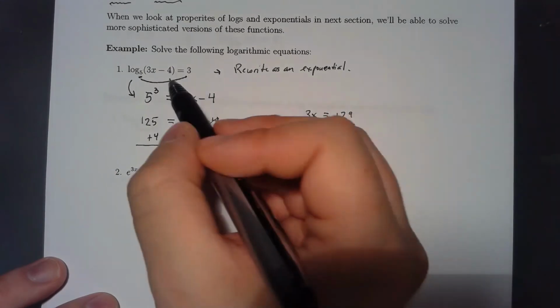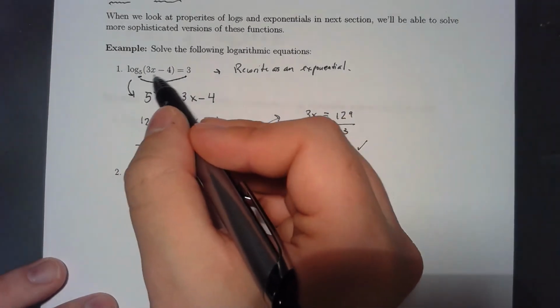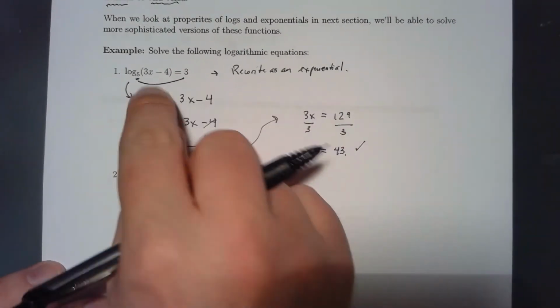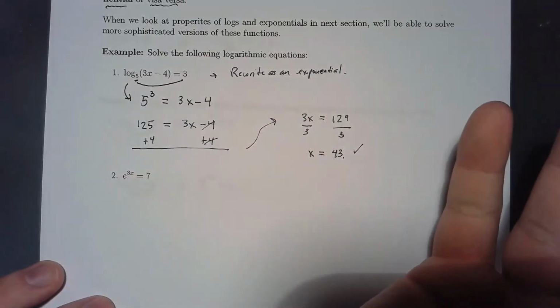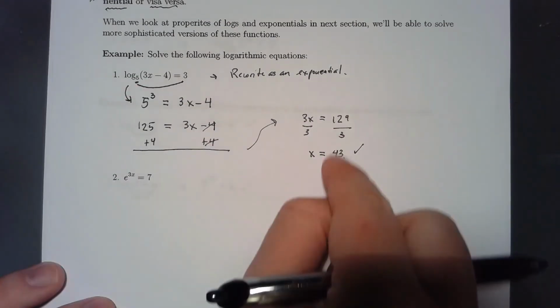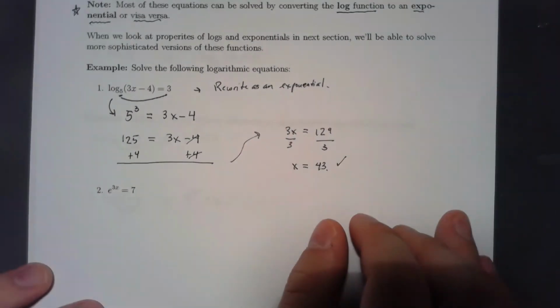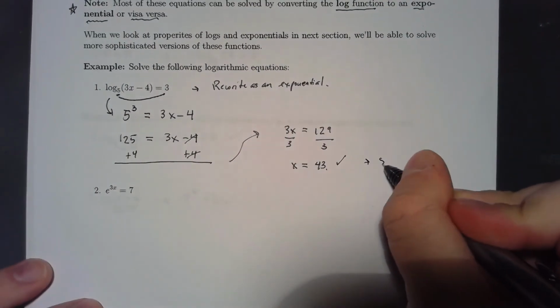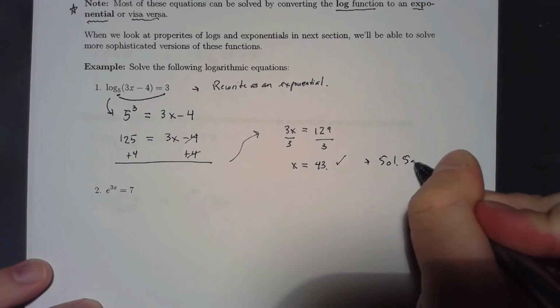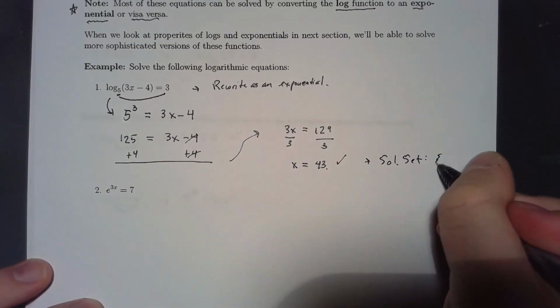Now, since we can't technically check this in our calculator yet, because, like I've said already, your calculator only deals with base 10 logarithms. But we'll be able to check these in our calculator in the next section. We've got to use the change of base formula. So my solution set here is 43.